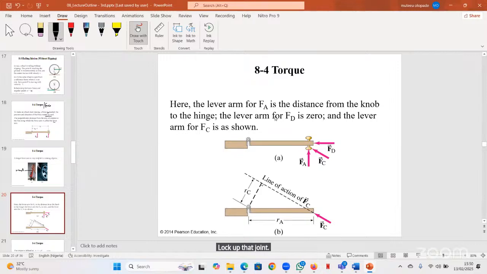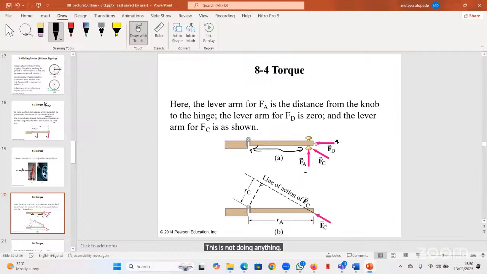Here, the lever arm for force FA is the distance from the knob to the hinge. This is the hinge. So the lever arm for FD, this is FD, is not doing anything.